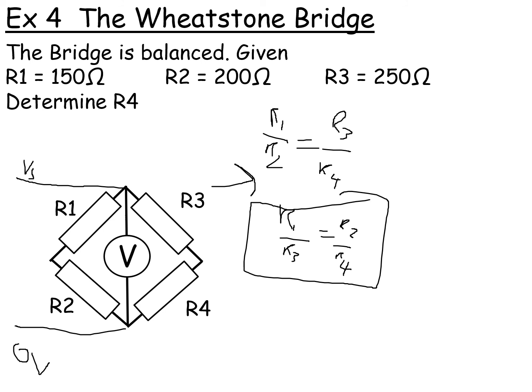So we now know it's actually 150 over 250, okay? And that's got to equal 200 over R4. So again, you can cross multiply to get yourself the answer. Okay, I'm just going to do it on my calculator very quickly just now, so you can hopefully see or get the same answer as me.